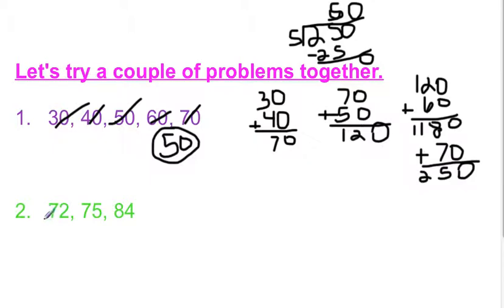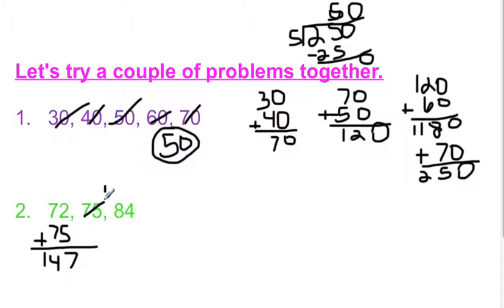The next set, there are only 3 numbers, so I'm going to do 72 plus 75. Just going to start right here, making it easier on myself. 2 plus 5 is 7. 7 plus 7 is 14. And then I'm going to add 84 to that.